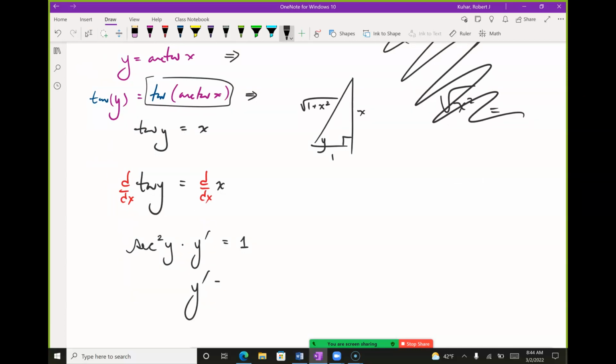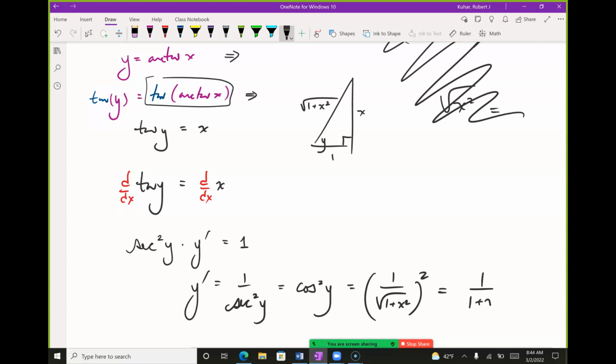So I get y prime equals 1 over secant squared of y. I can go right to my triangle. Me, personally, I'd rather say that's cos squared of y, right? And from my triangle, cos is 1 over square root of 1 plus x squared. And because I'm doing cos squared, I'm squaring it. So I finally get my derivative of 1 over 1 plus x squared.